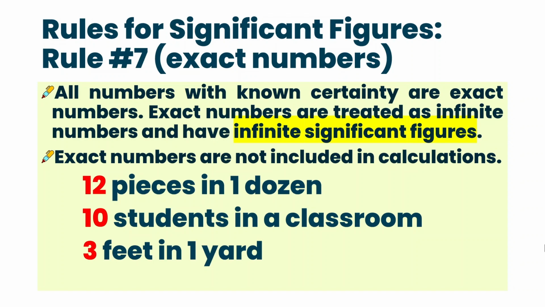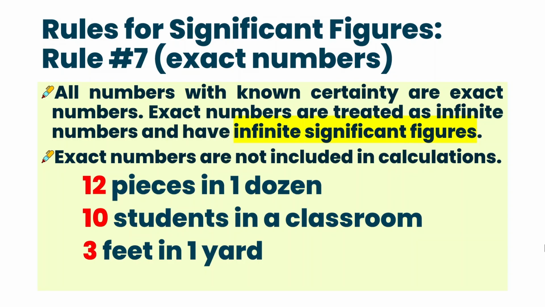All the constant numbers in science and math are also exact numbers. And exact numbers are treated as infinite numbers, and therefore they must not be included in counting for the significant figures. For example, 12 pieces in a dozen is a constant, and therefore the significant figure for this is infinite, meaning you don't need to count it or include it in your calculations.